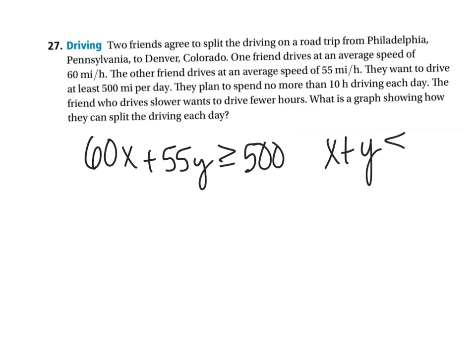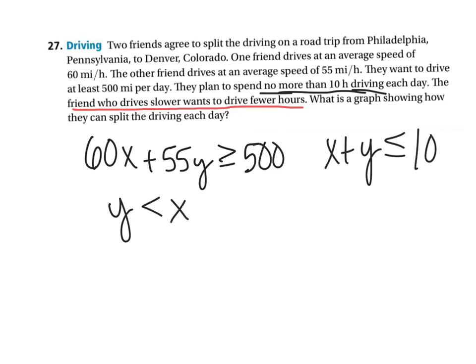X plus y is less than or equal to 10 because no more than 10 hours of driving. And there's actually a stipulation here. The friend who drives slower wants to drive fewer hours. So the one that's driving slower is the y. So y needs to be less than x.